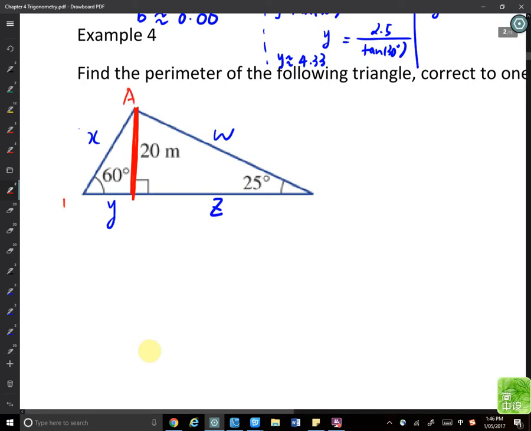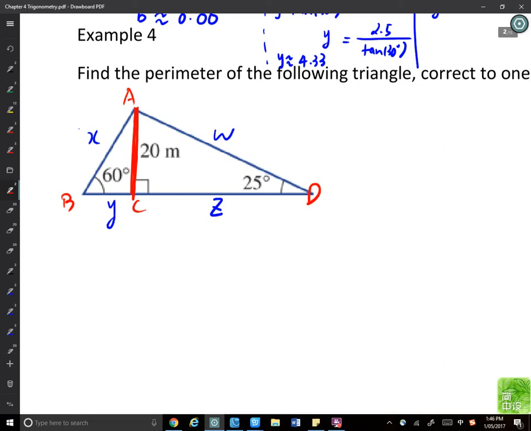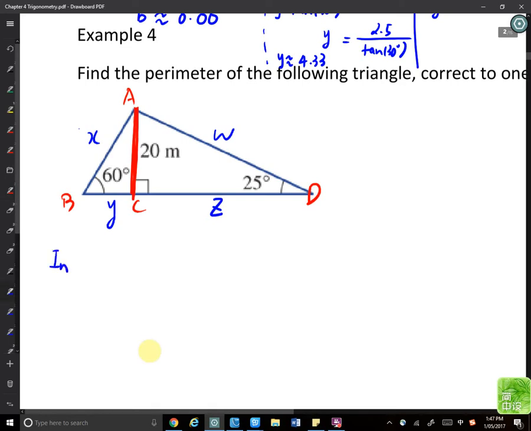So let's say we have A, B, C, D. ABC is a right angle triangle, ACD is a right angle triangle. So in right angle triangle ABC, you're looking for X and Y. What you have is this one, 20. Let's say I want to figure out my X. X is the hypotenuse and 20 is the opposite. Therefore, I will use sine.